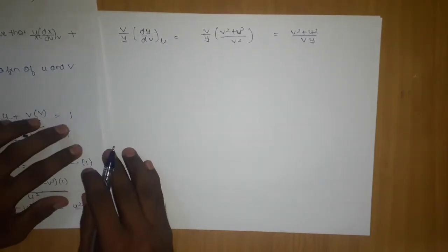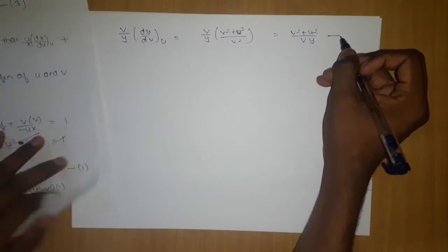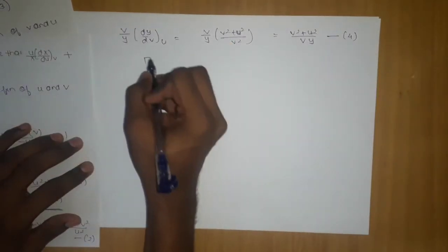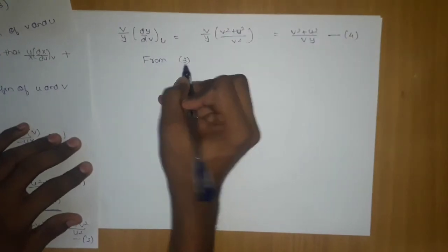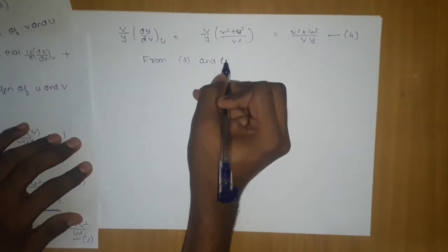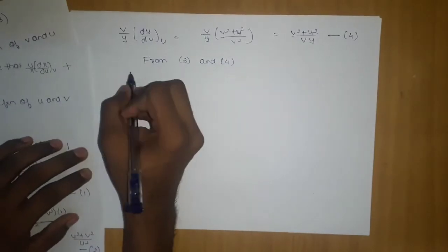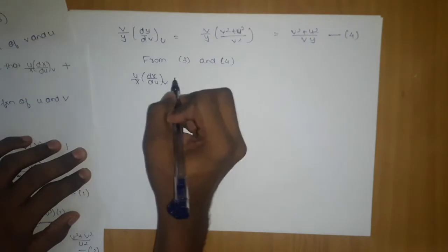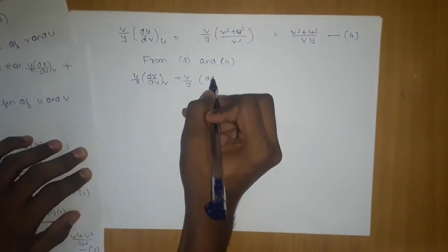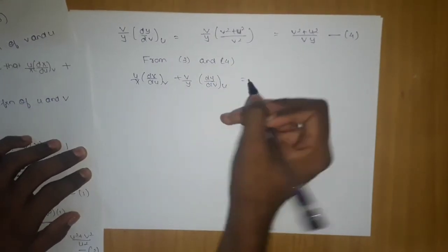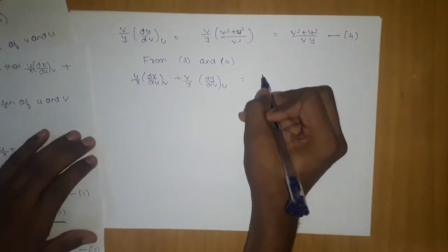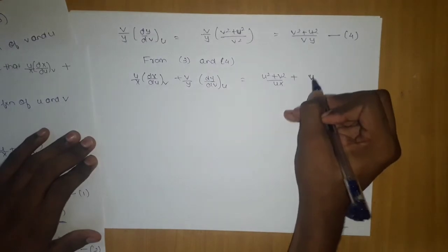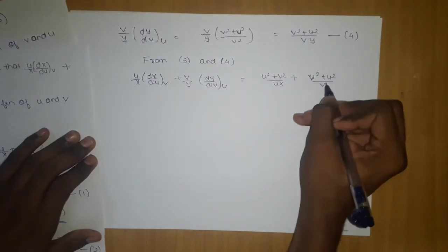So I'm getting this thing. This one I called it 3, this one I will call it 4. From 3 and 4, what I can write is ux into dx by du plus v by y dy by dv is nothing but u square plus v square upon ux plus v square plus u square, the whole upon vy.